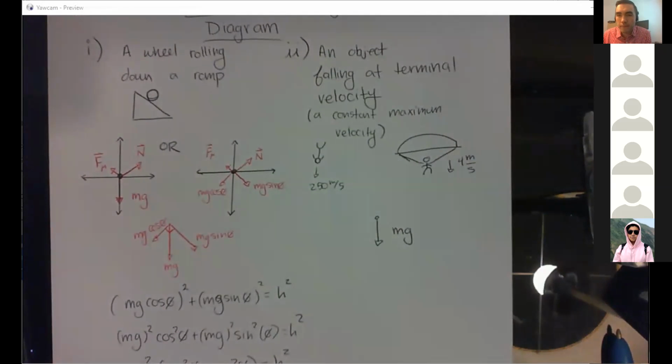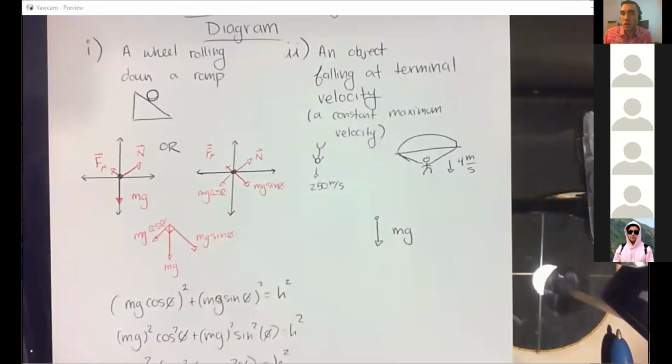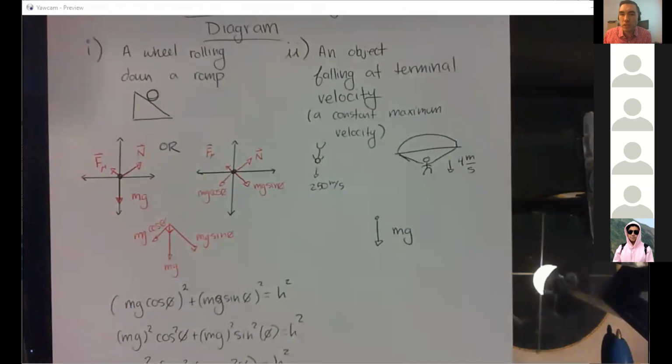Less than mg. Is it mu? Is it what? Mu? So you could call air resistance a type of friction, so to call it some F sub mu would be fine in terms of lettering. But my question is to y'all is, how much air resistance is there and how do you know?